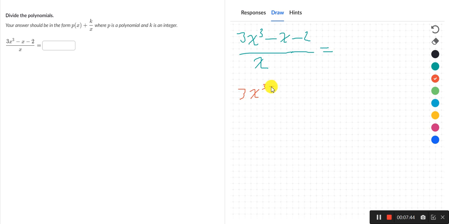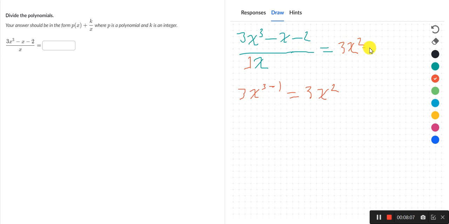Remember, in division, this is basically what you're doing. Because this one has 1, everything divided by 1 is the same number on the numerator. So this first one would be 3x to the power of 2. So that would be it.